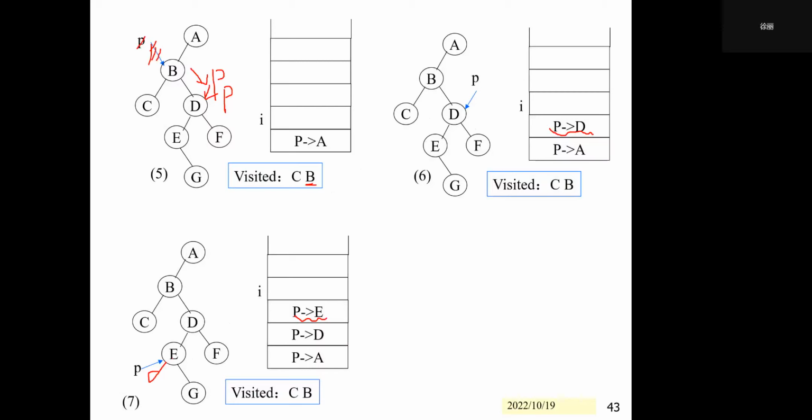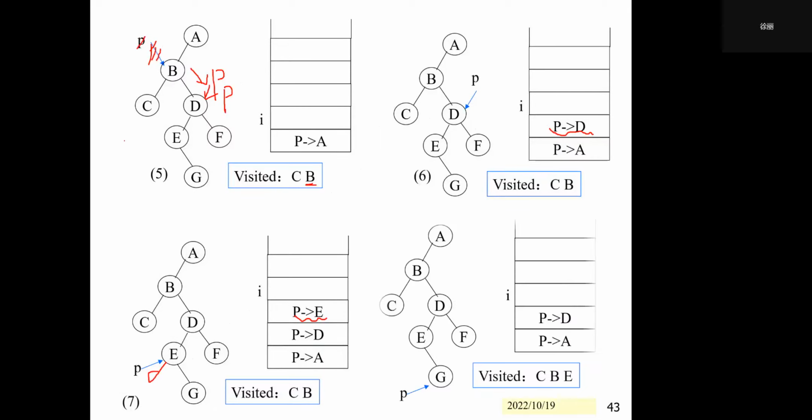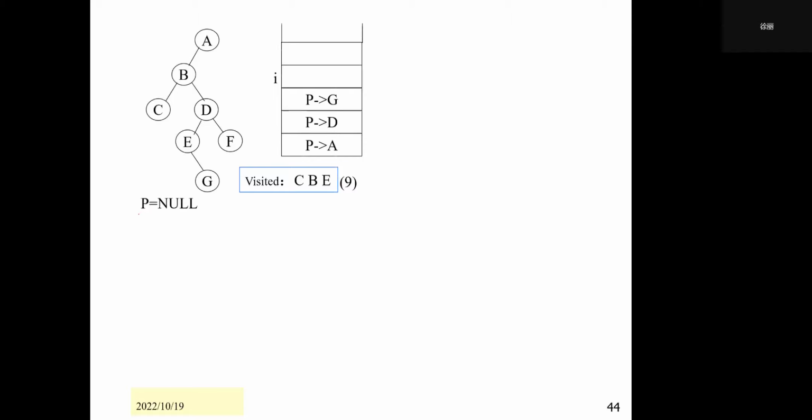Okay, so now we need to pop from the stack. So now we need to visit E. And then when we visit a node, we will go right. Do you remember? So P will point to G. And now P points to G. P is not null, so we need to push G. And then go left.